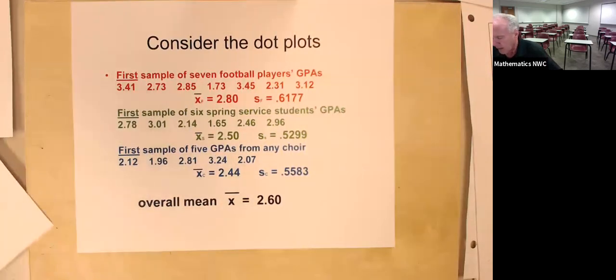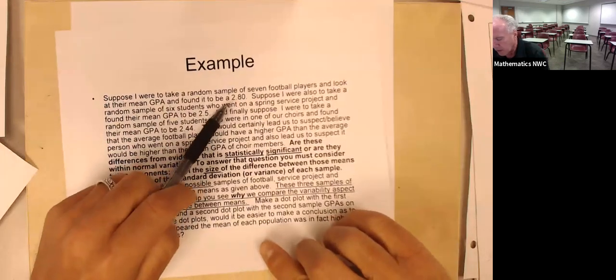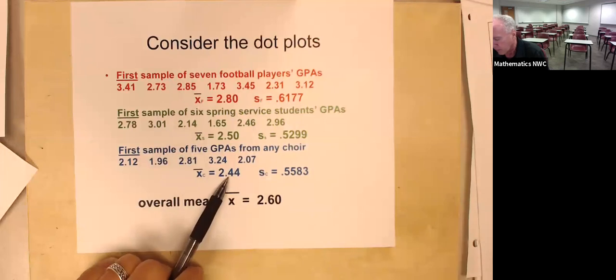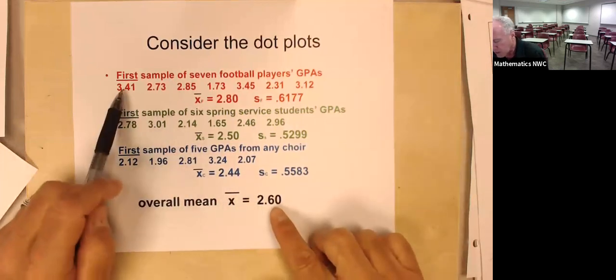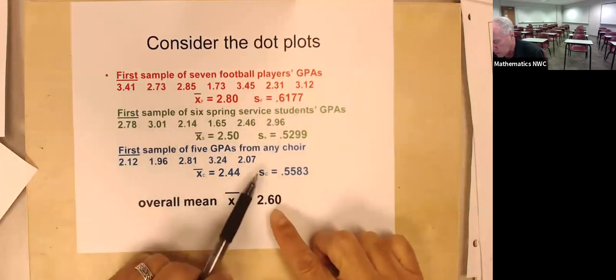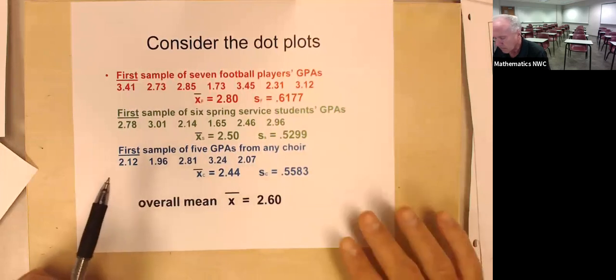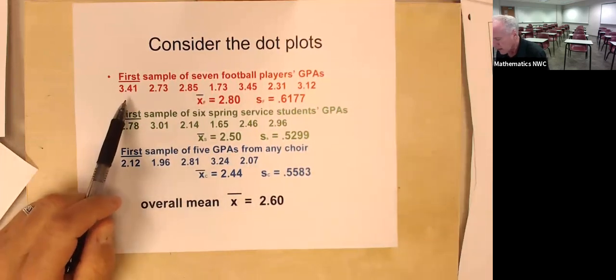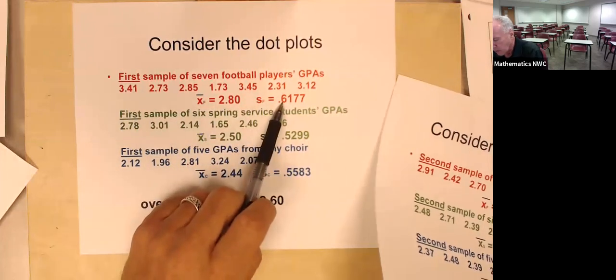And again, I'm hoping that you see these 2.8, 2.5, the last one is 2.4, with those standard deviations. This is the average of all of the individual students, 2.6. Okay? This particular one is quite spread out.